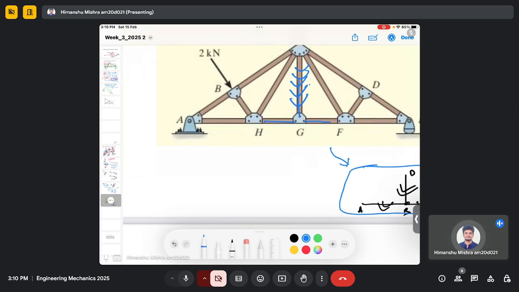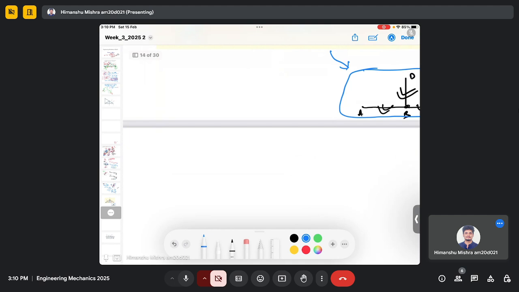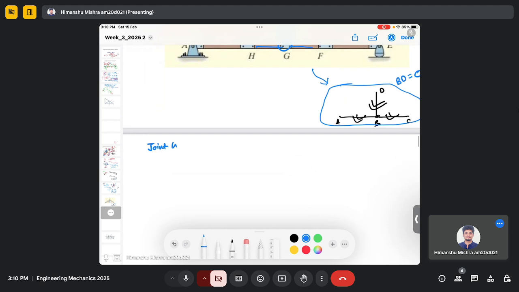So we consider joint G. As we described earlier, when you consider any joint, first you need to define the Cartesian coordinate system or any coordinate system. Then you need to make a free body diagram. So this is my G, let's say this is H, this is F, and this is C.